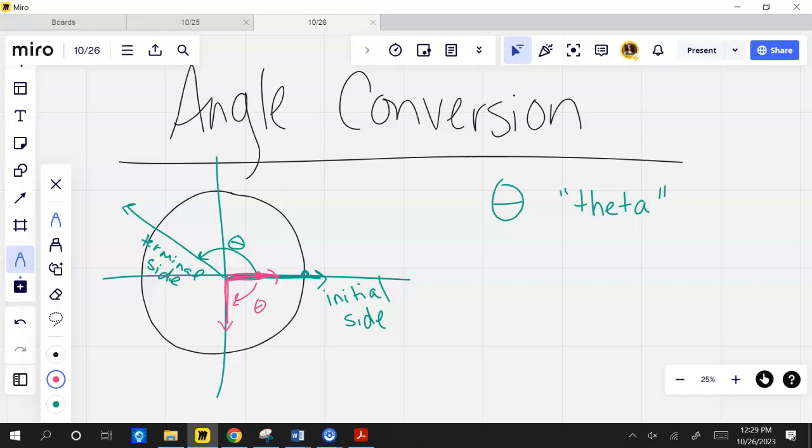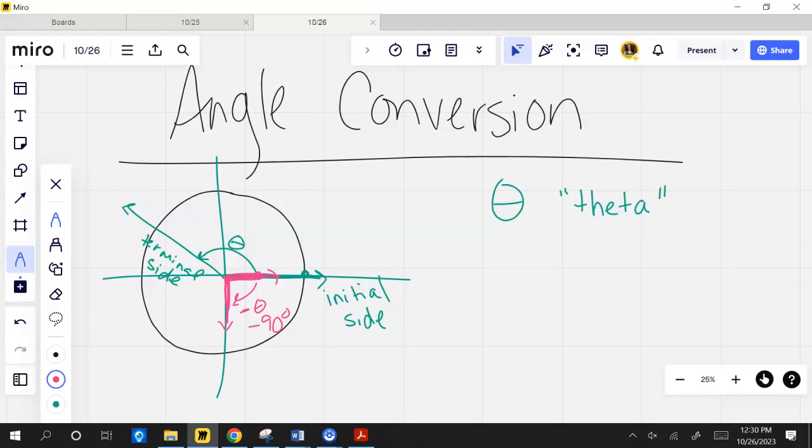So we'll just do some easy ones to start with. I could call this negative 90 degrees. Right. Okay, I might have said it backwards. The green is positive, the pink is negative.